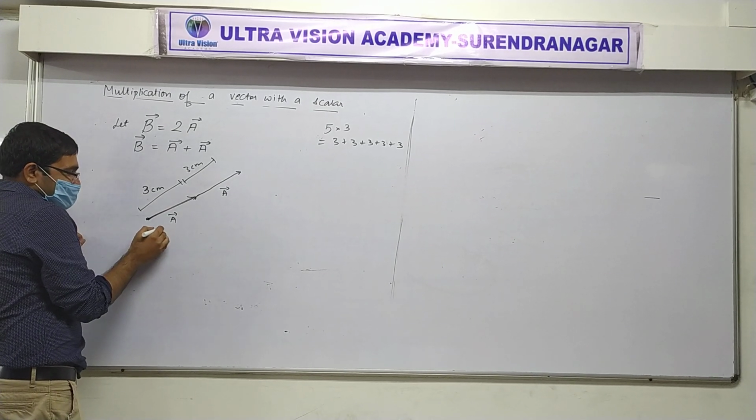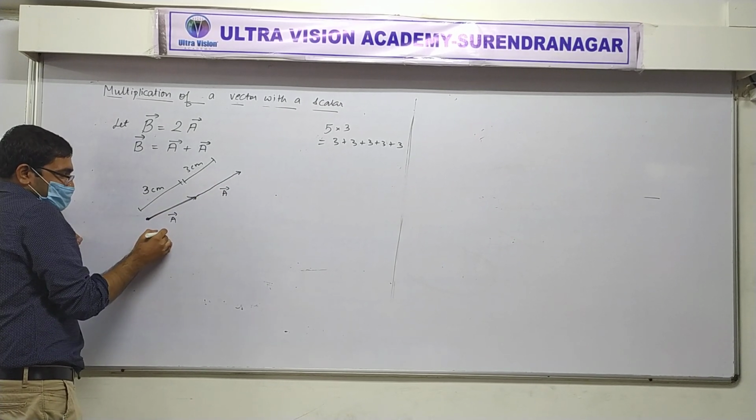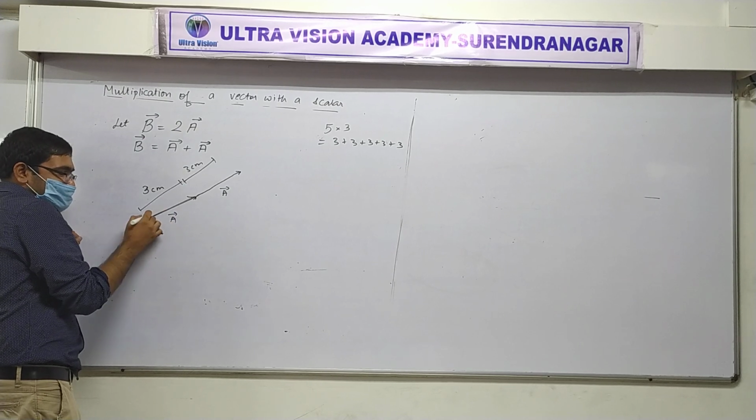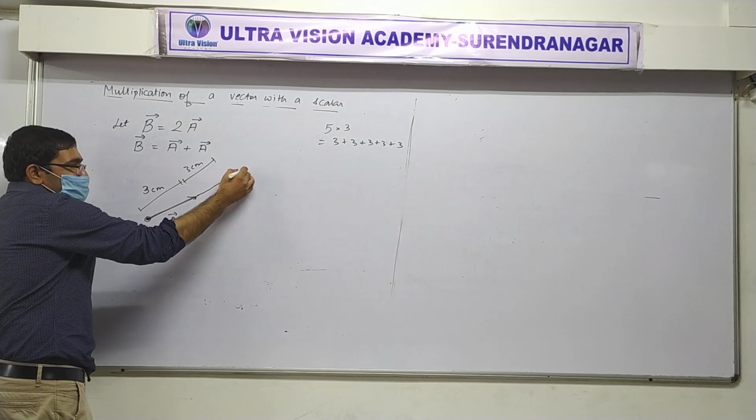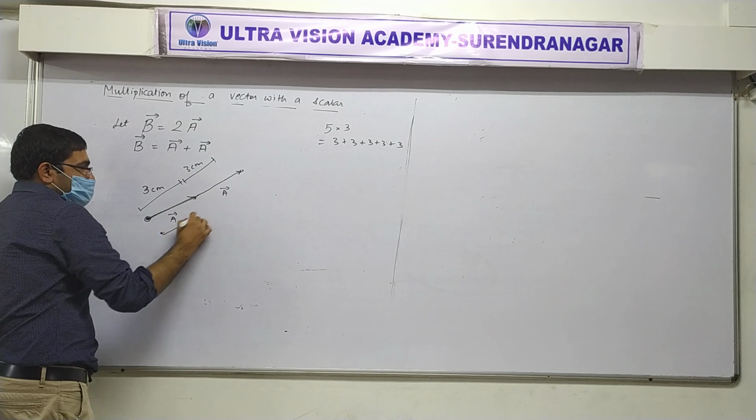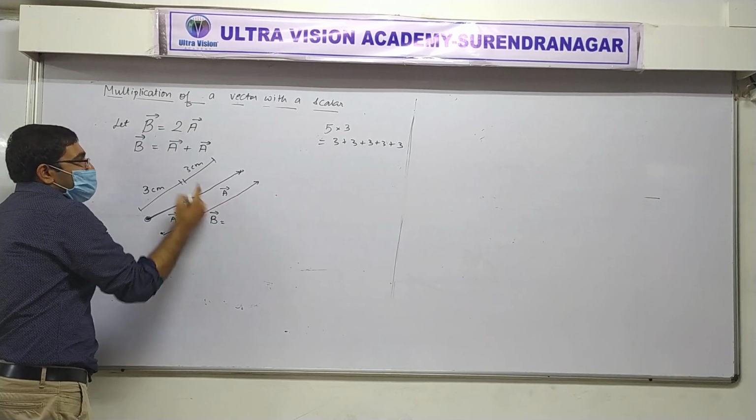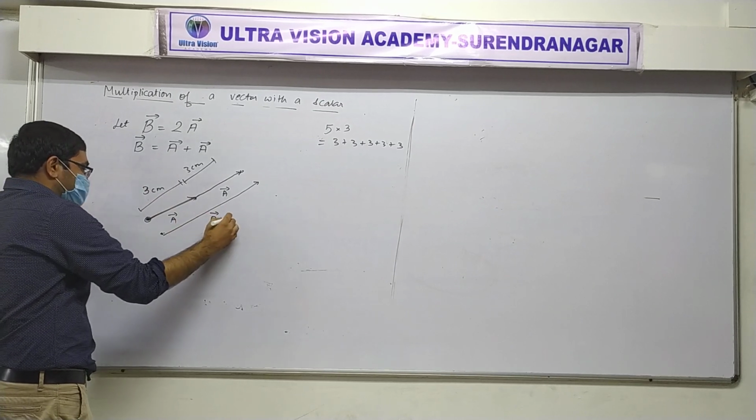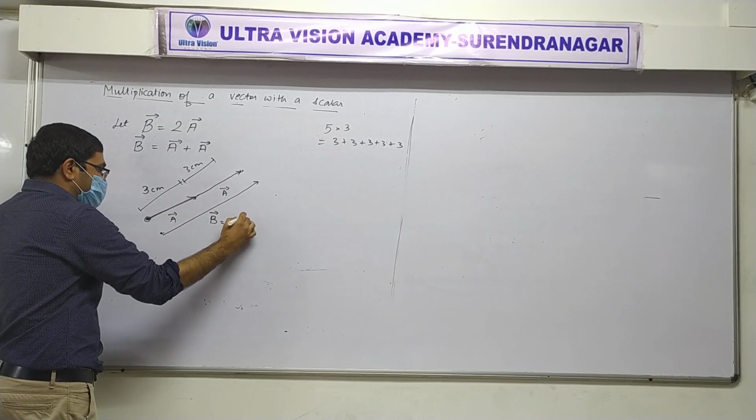I'm drawing it on the side so it doesn't overlap. From here to here. So this vector is b vector. A plus A is b, so b vector equals 2a vector.